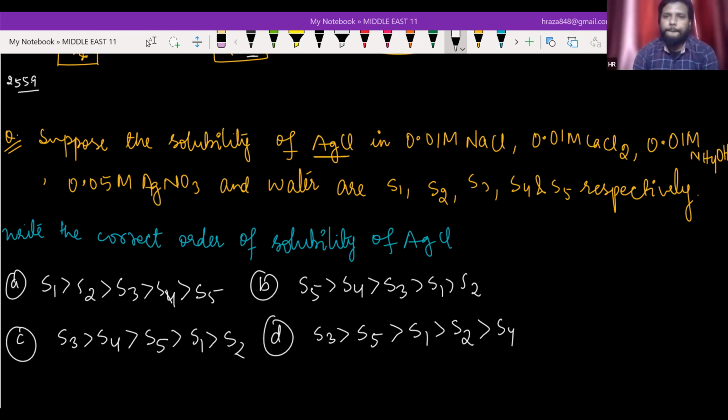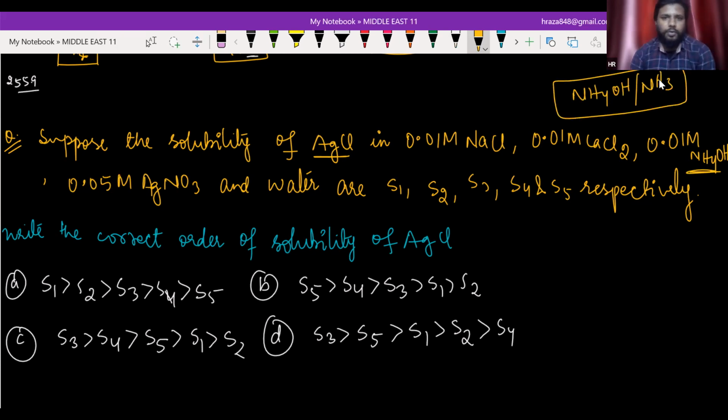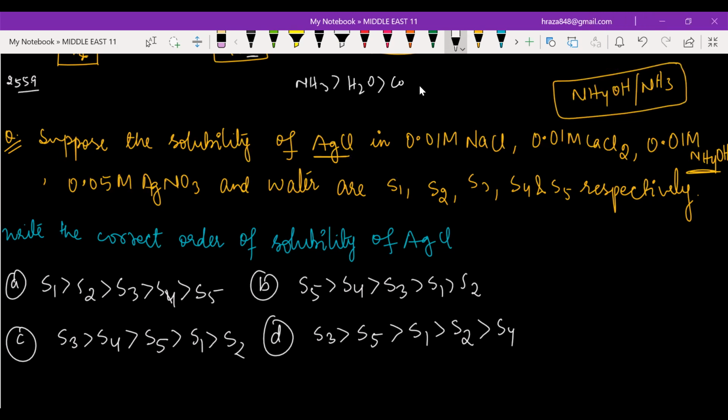I told you that this NH4OH, I wrote it there, NH4OH or NH3, means the same. So the solubility will be maximum in NH3, because of complex formation and the common ion effect.